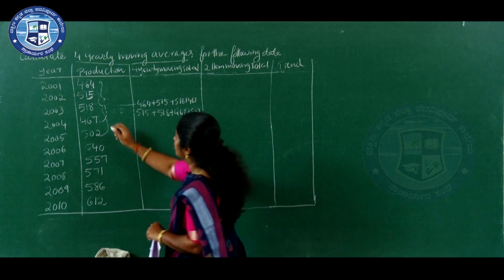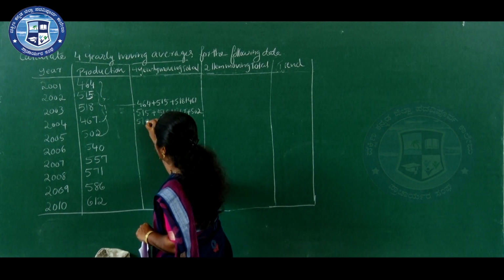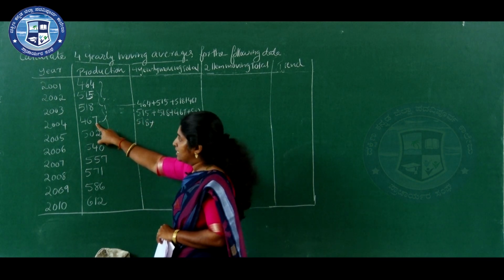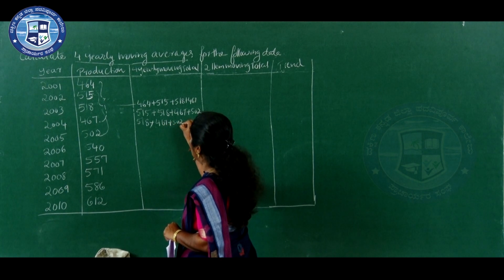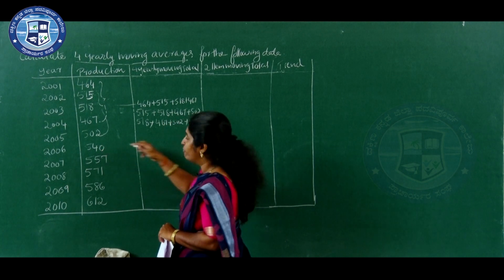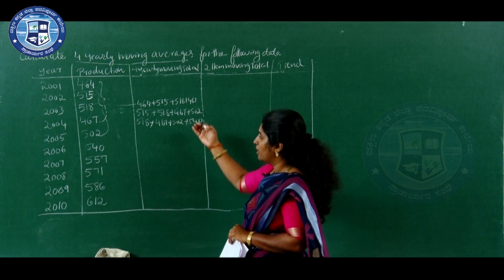And next is 518 plus 467 plus 502 plus 540. Same way you have to continue.